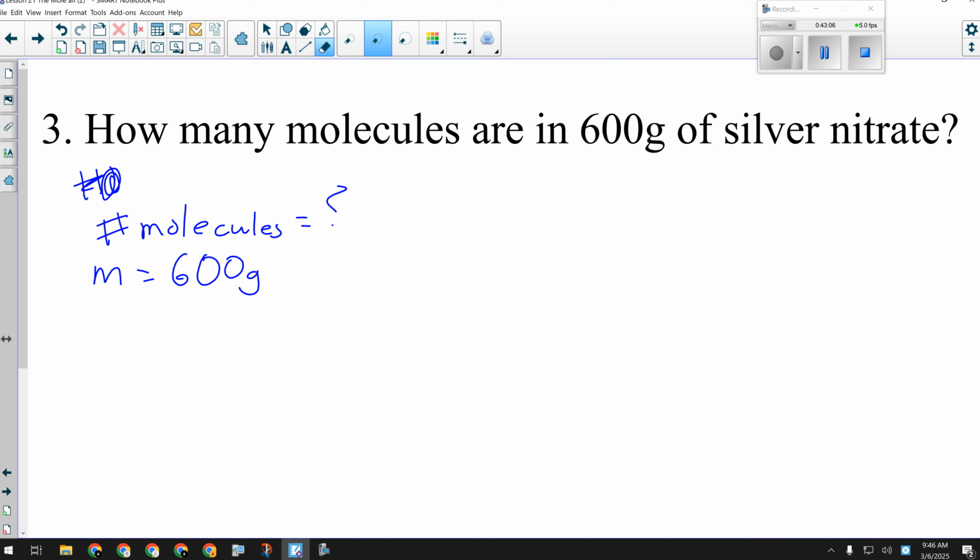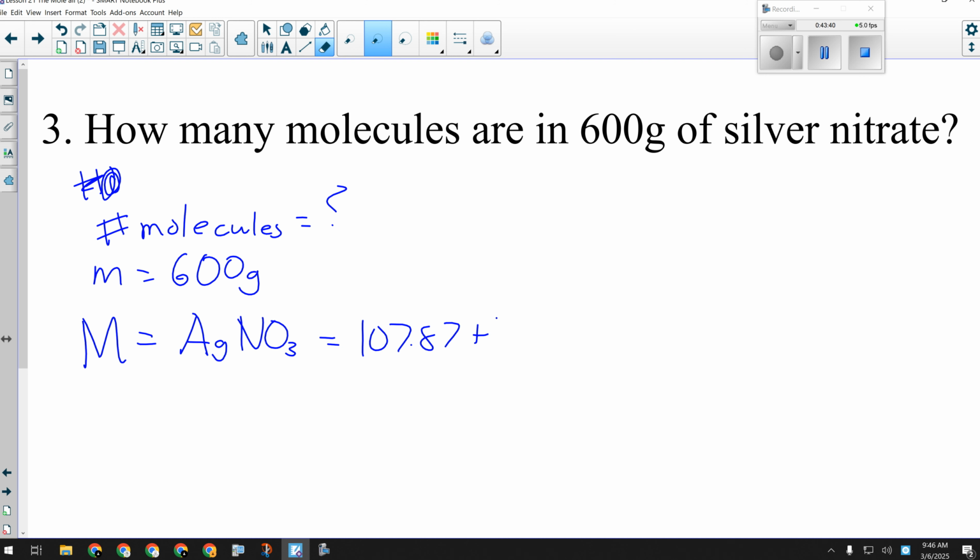Big M. Silver is Ag, that's a +1, nitrate, NO3, that's a -1, so that compound's okay the way I wrote it. I just have to calculate its molar mass. Silver's 107.87, plus, how many nitrogens?